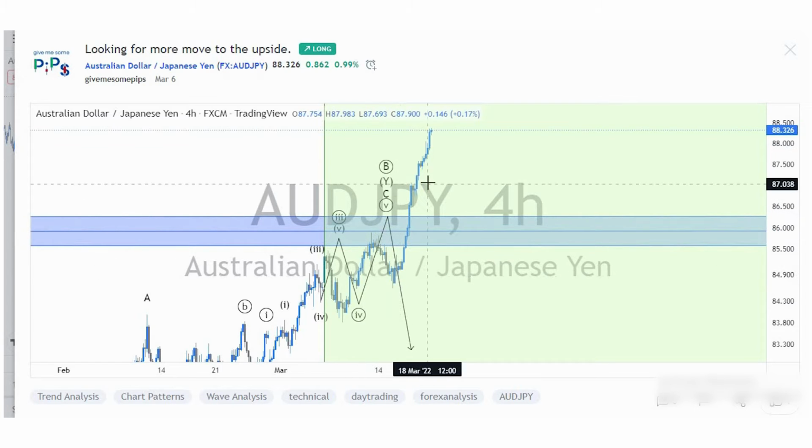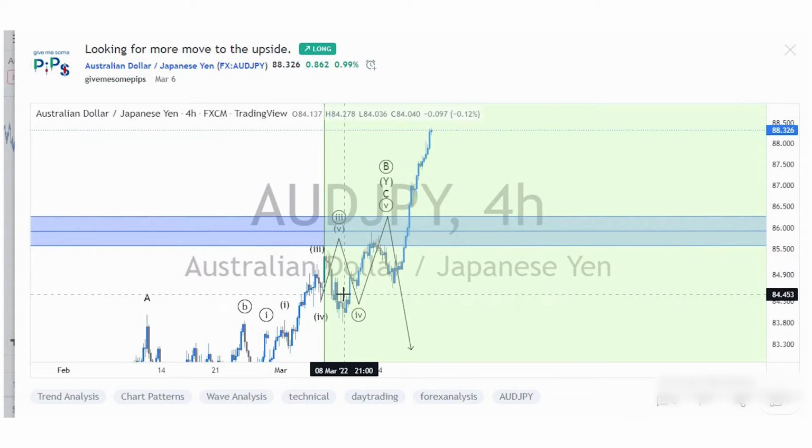But the market did essentially move up, and this is the same thing that I was talking about in the introduction, that you may know the direction of the market, but where do you exactly place your entry levels? Even though my bias was that the market would go up, where would I have actually placed the entry?